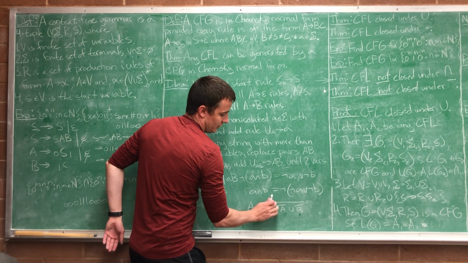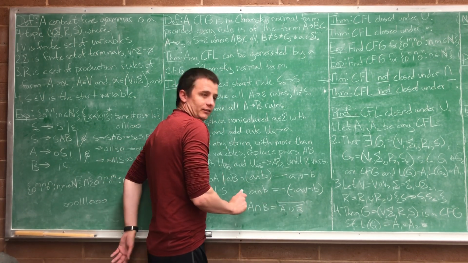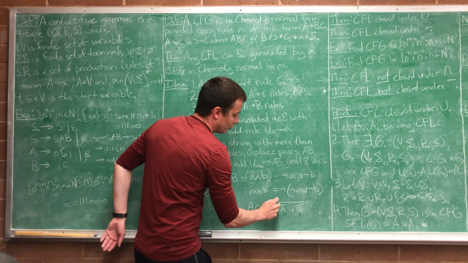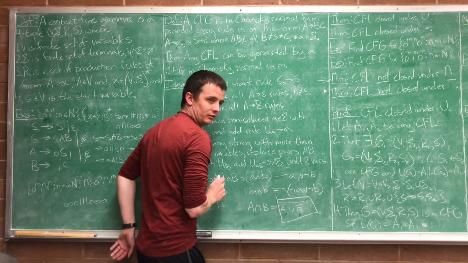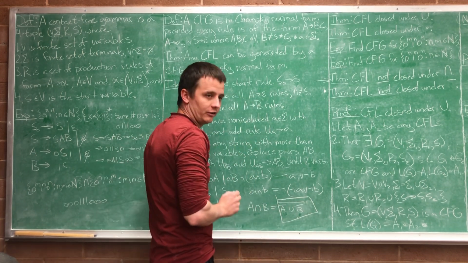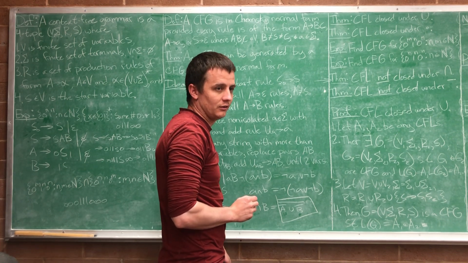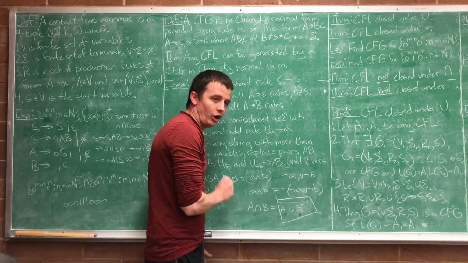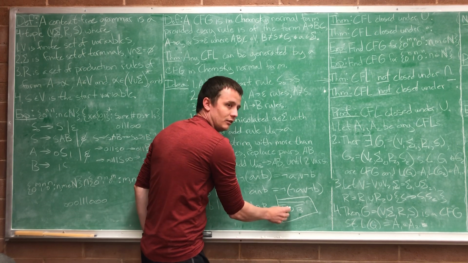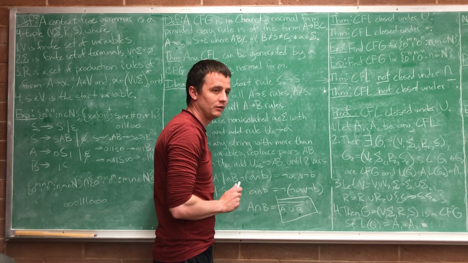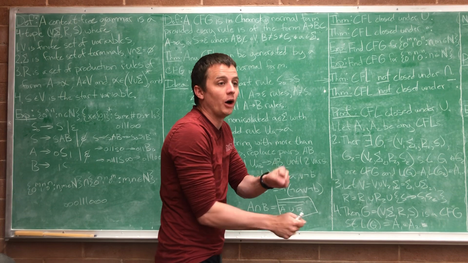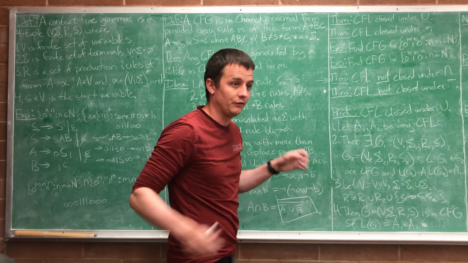What this exactly looks like is kind of irrelevant. The point is, just using unions and complements, I can express an intersection. So the intersection isn't closed. If I can just express an intersection with unions and complements, then both unions and complements can't be closed. Right.